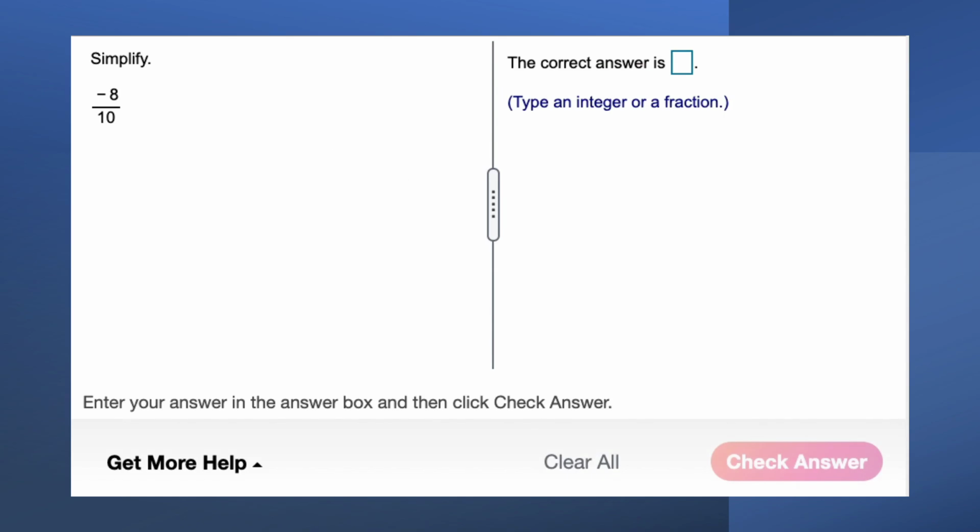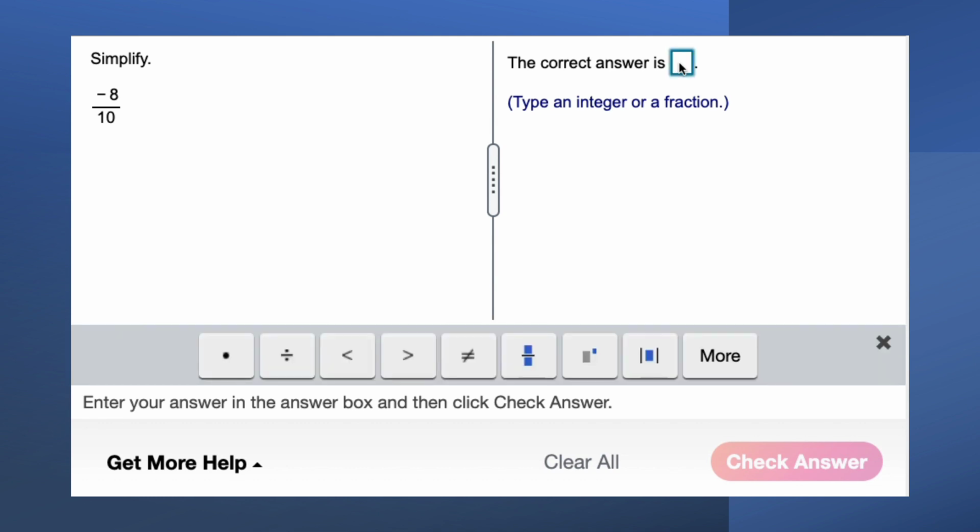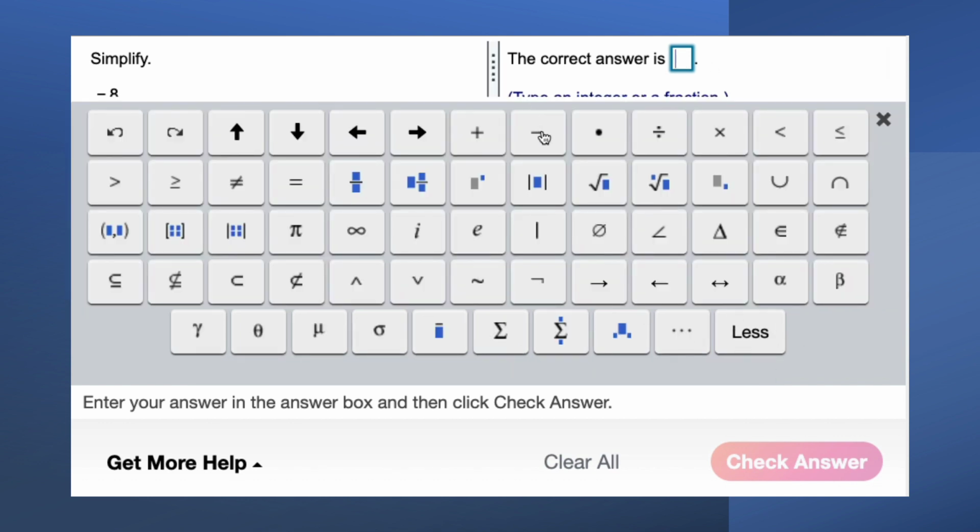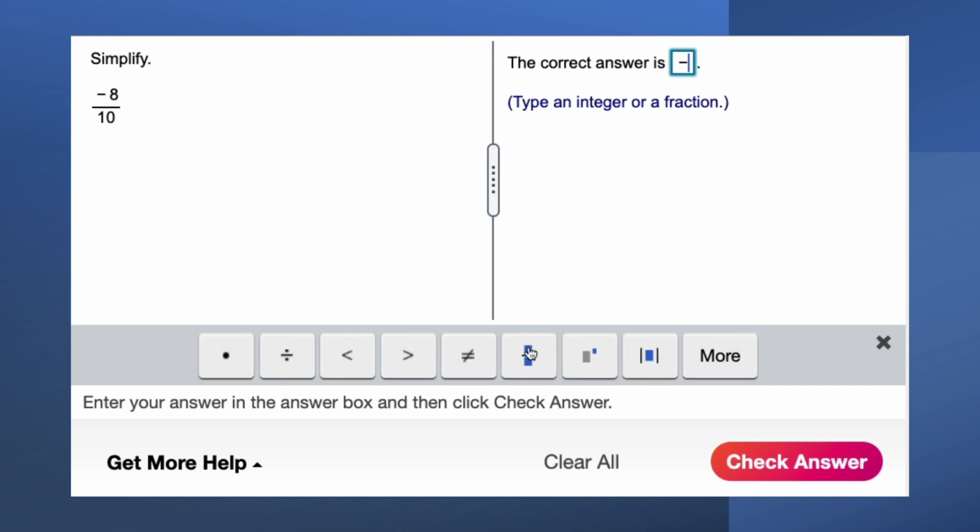To type in -4/5 in MyMathLab, we'll put our cursor in the answer box. You can select the negative sign or minus sign on your keyboard, or you can select it in the math toolbox by clicking More and then selecting the minus sign. Next, we need to select the fraction template.